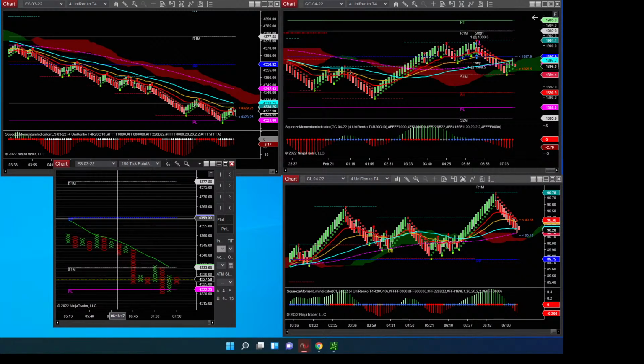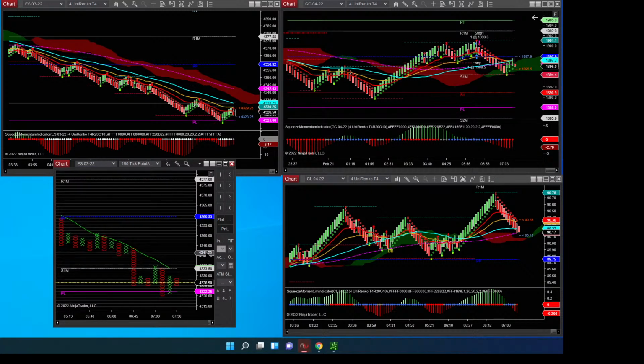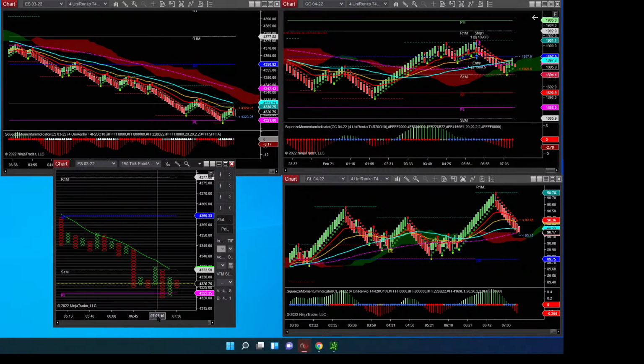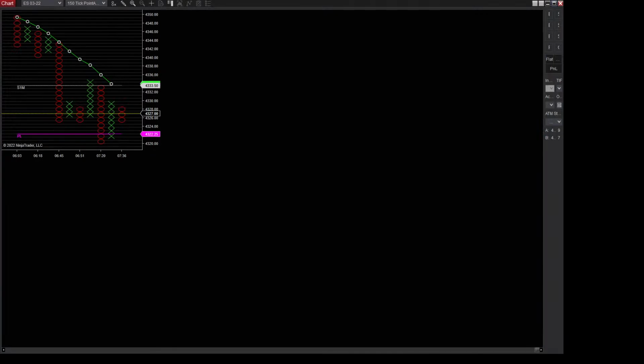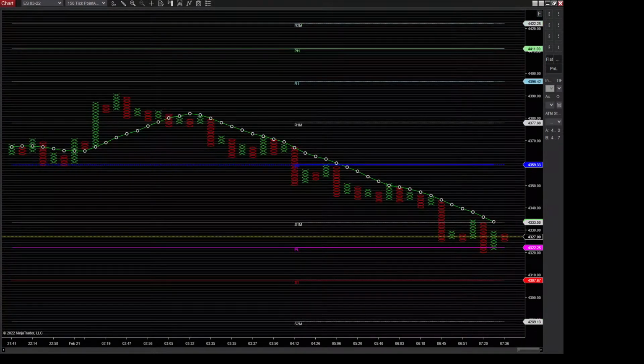This one is a brick of five ticks, so each one of these boxes is five ticks, and then the reversal is three. See, there's a break down below this previous box here, negative. Let me expand this one a little bit so I can explain it better.